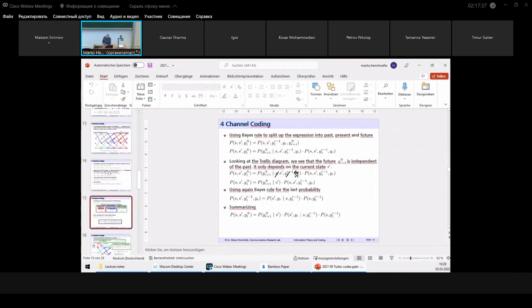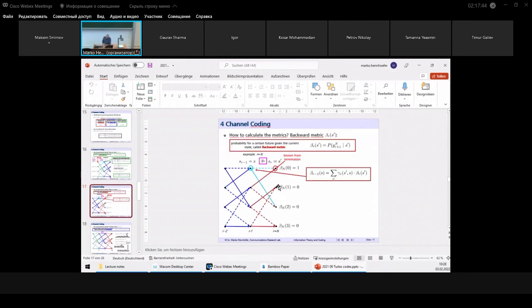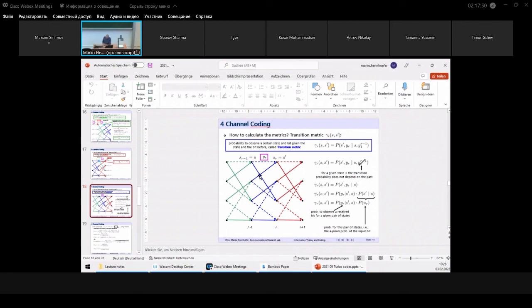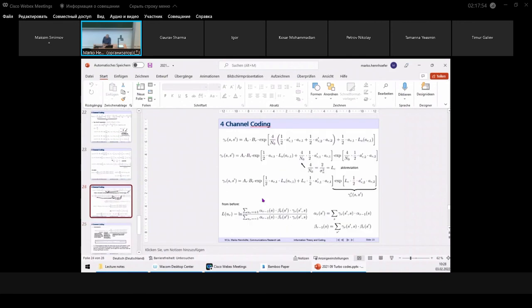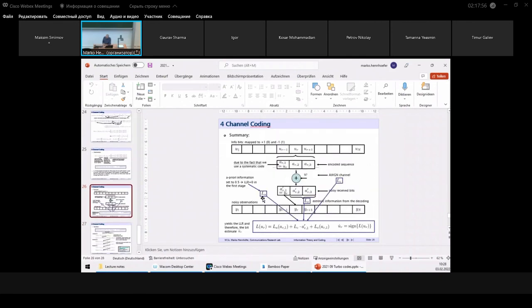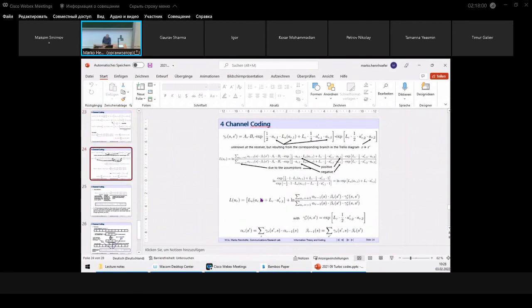And this you will see really in many equations explained how to do this trace back and this tracing forward in the trellis up to the point that we are interested in, and how to calculate these different metrics. But again, for us these equations are not so important now.